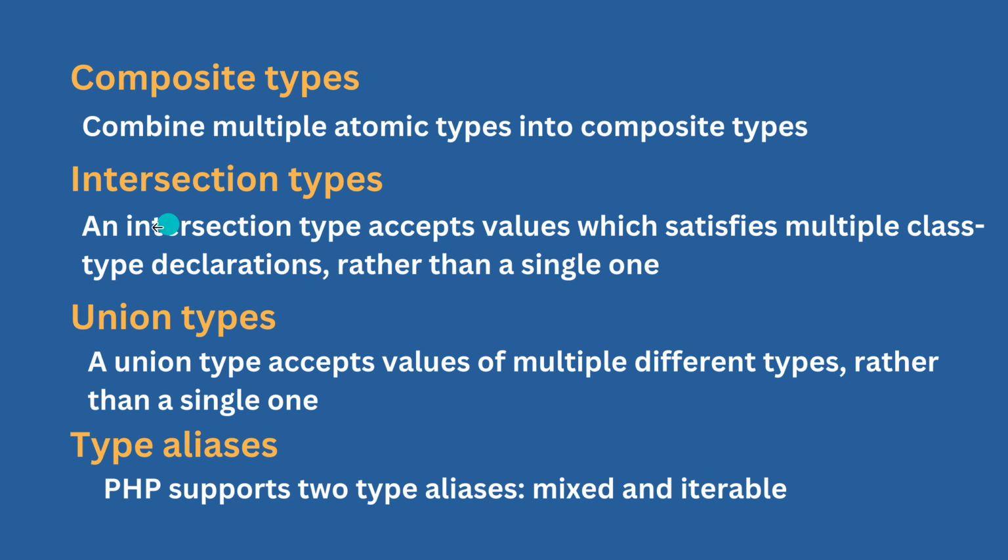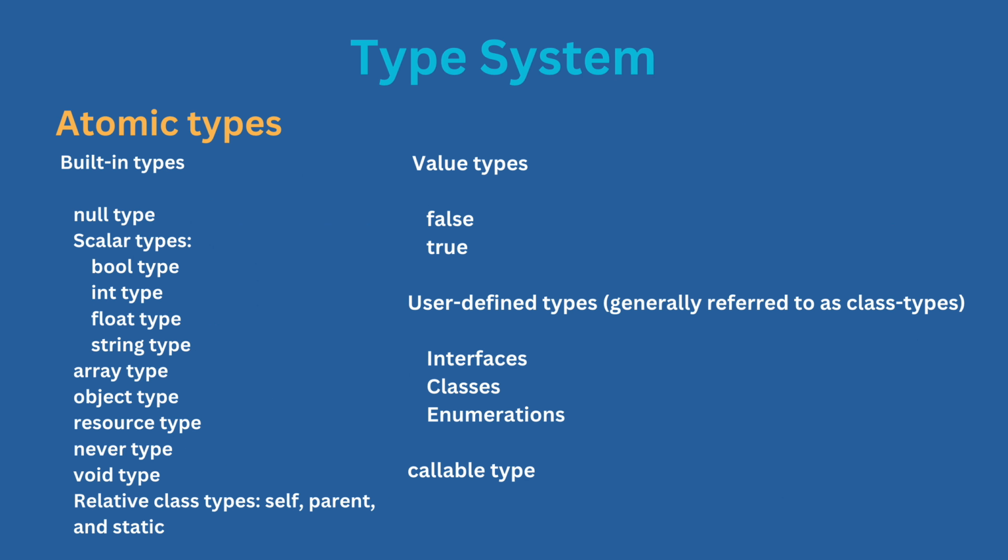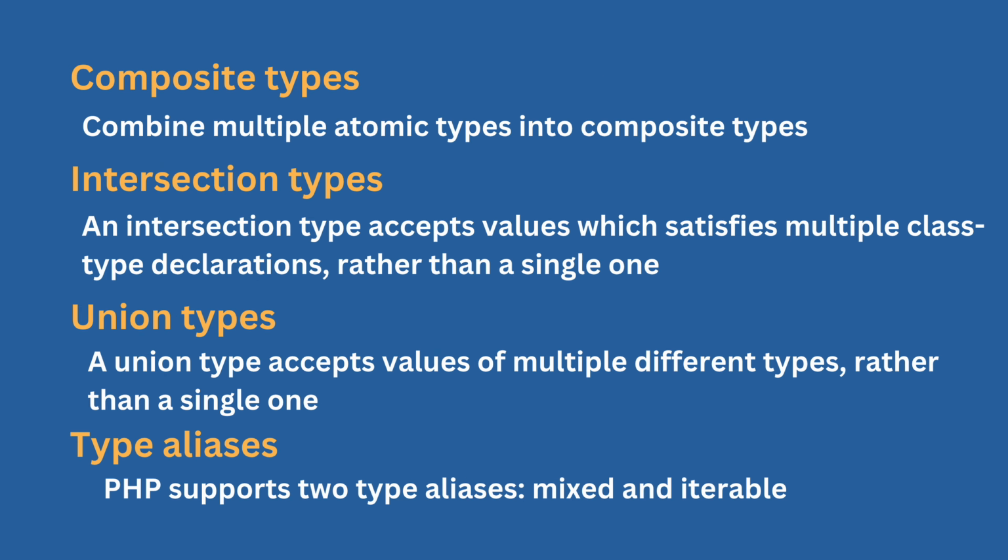Previously there was intersection, here is the union. Then there are type aliases, known as mixed and iterable. In detail we will see later, but for now just understand the types: atomic types, composite types, intersection types, union types and type aliases. Right?